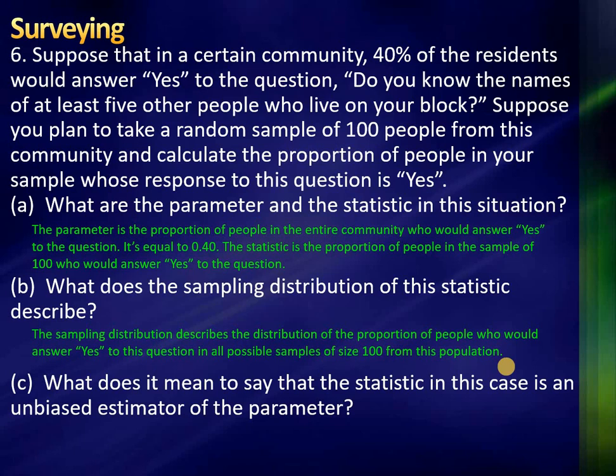Context. With the probability unit that we had, context wasn't quite as huge because it was just asking you probabilities. Now we're going back to that idea of context, which means that's going to be another struggling point. If I were to say that my statistic in this case was an unbiased estimator, what would that mean?